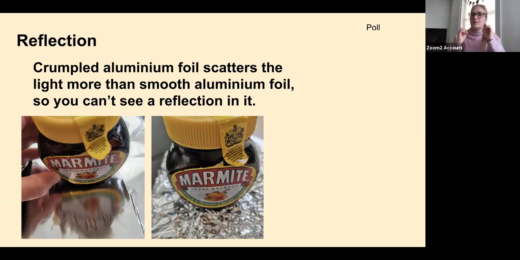If the light is reflected in a bunch of different directions, like it would be from the wall or a piece of paper, we're not going to be able to see a reflection. So diffuse scattering is the reason why we can't see reflections in rough surfaces. And specular reflection is the kind of reflection that happens when you're looking at a smooth, flat surface and you can see that reflection. So really well done on this question.